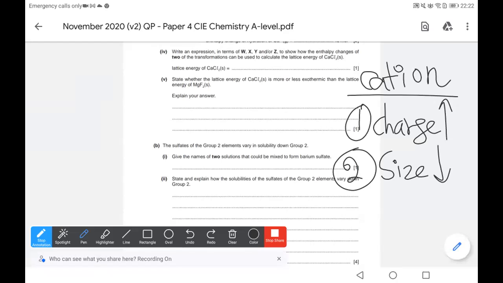So the lattice energy of magnesium fluoride, MgF2, is more exothermic than calcium chloride.